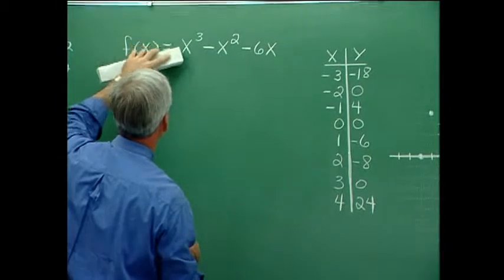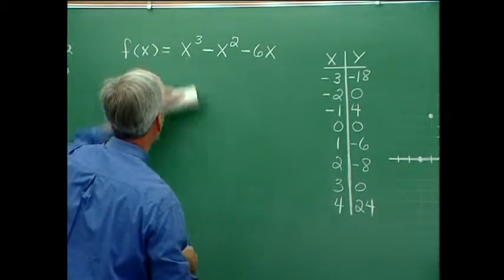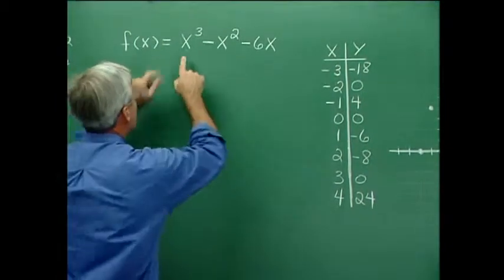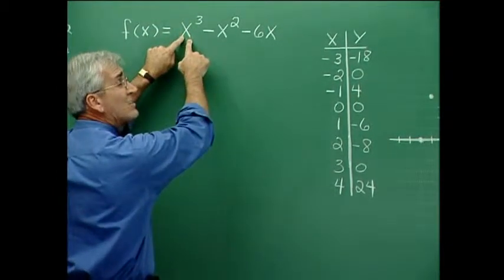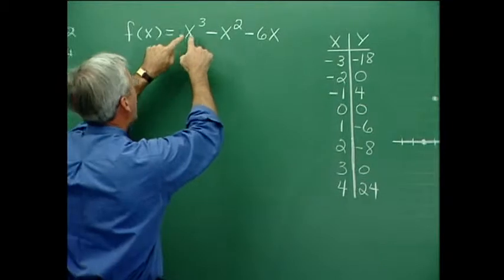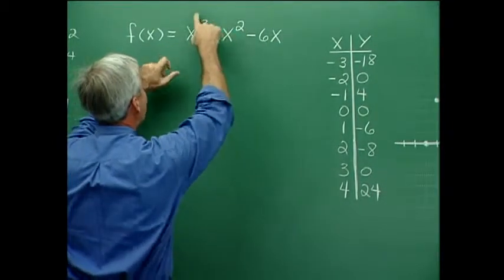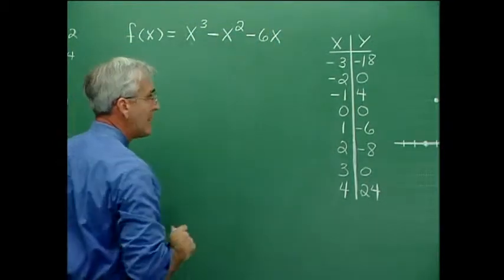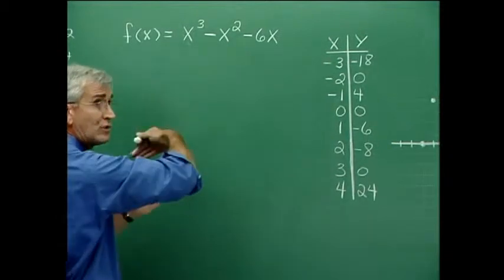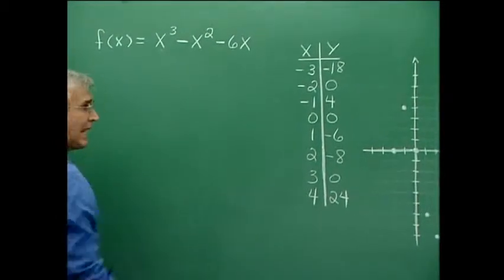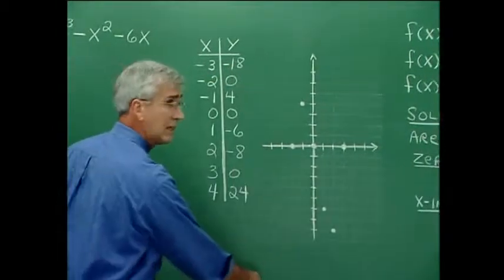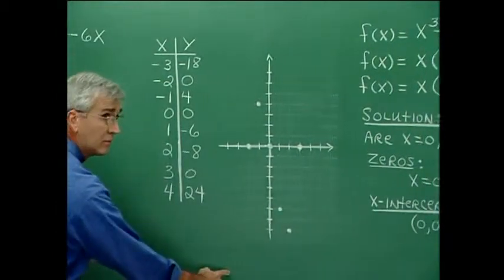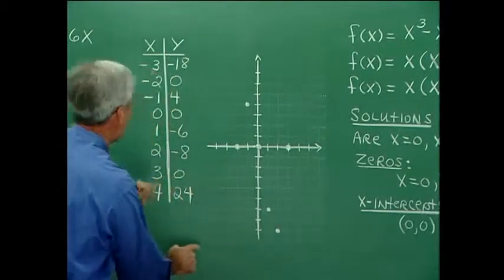I want to take that off because my leading coefficient test tells me that as x gets big positively, f of x gets big positively. As x gets big negatively, a negative value cubed will be negative, and therefore f of x will be negative. So that tells me that the graph goes down as x gets big negatively. And that's what we're verifying here with -3 going to -18. All right, so it begins to get negative really fast on that side.